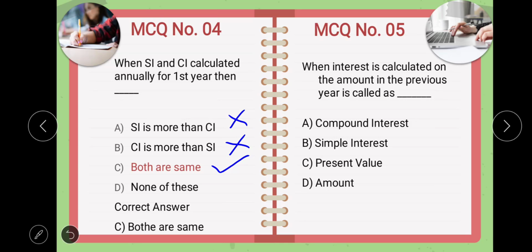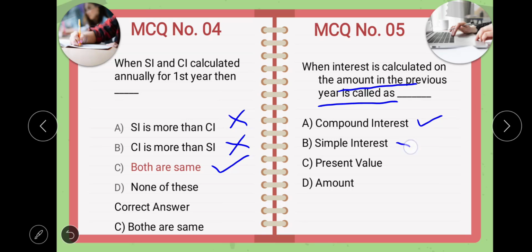So for the first year interest is calculated on the principal and the interest is added to the principal, which is equal to the amount, and interest is calculated on this amount. This is the definition of compound interest. So option A, compound interest, is the correct answer.